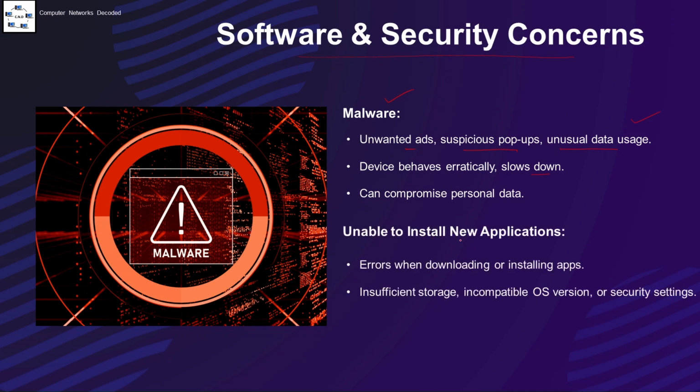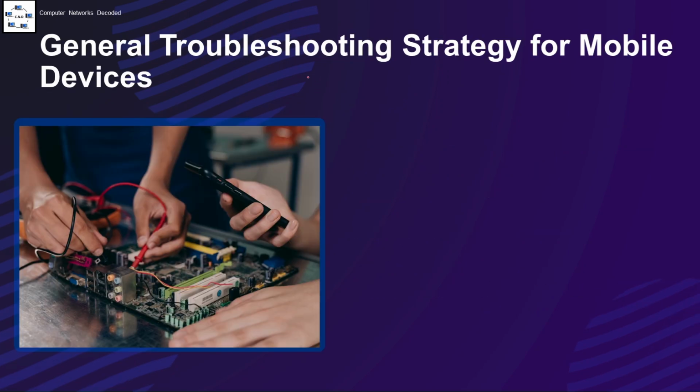Unable to install new applications, errors when downloading or installing apps may be due to insufficient storage, incompatible OS version, or security settings. Some general troubleshooting strategies for mobile devices: restart the mobile device, and it often resolves minor glitches.